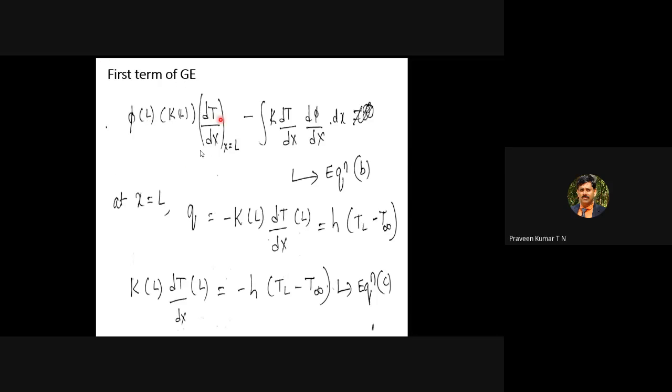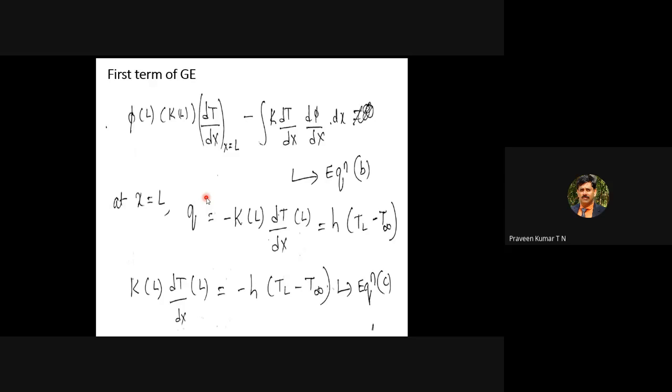I am concentrating only on this first term, we want the value of this dT by dx at L. So this q refers to heat conducted at node 3 or on the rightmost surface, because we are heating the steel rod from the left surface. On the rightmost surface, whatever the amount of heat conducted is transferred to the surrounding medium by convection.